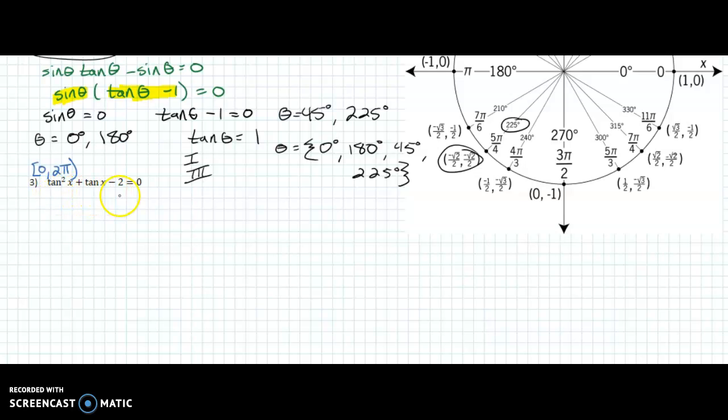So this is a quadratic expression with trig functions, and we can factor this. Actually, let's just rewrite it without the trig functions, and think about how you would factor this. You would have 1 times -2, and you're looking for two numbers that multiply to -2 and add to 1.